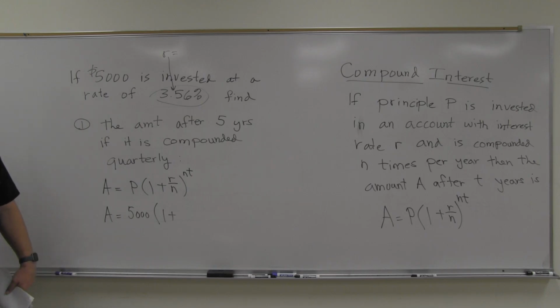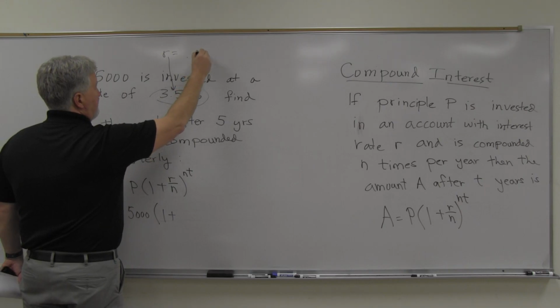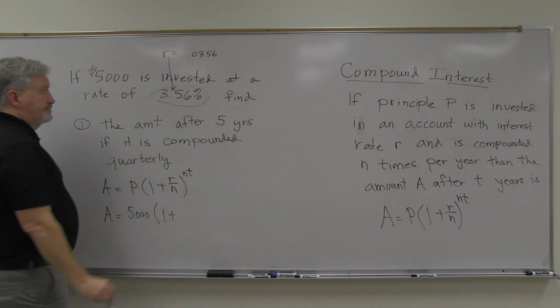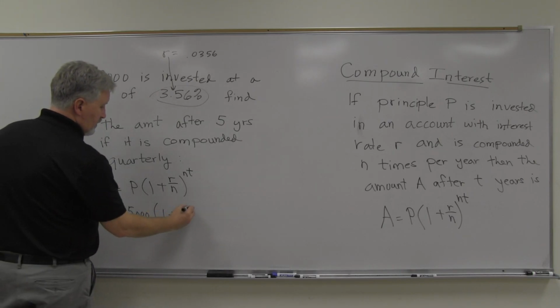However, that does need to be changed over without the percent sign. Move the decimal point to the left, so 0.0356 is what that would be once we move the decimal. So that's my R.